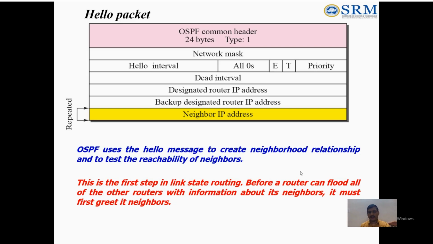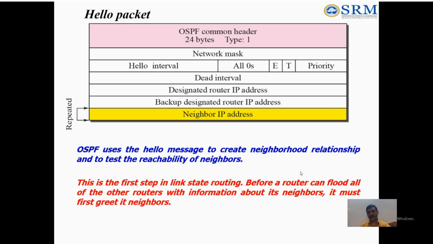Once we are coming to a network, we are new to the network, so we have to form neighbors. The neighbors will be gathered with the help of the hello packet. This is the first step in link state routing. Before a router can flood all other routers with the information about its neighbors, it must first generate its neighbors.